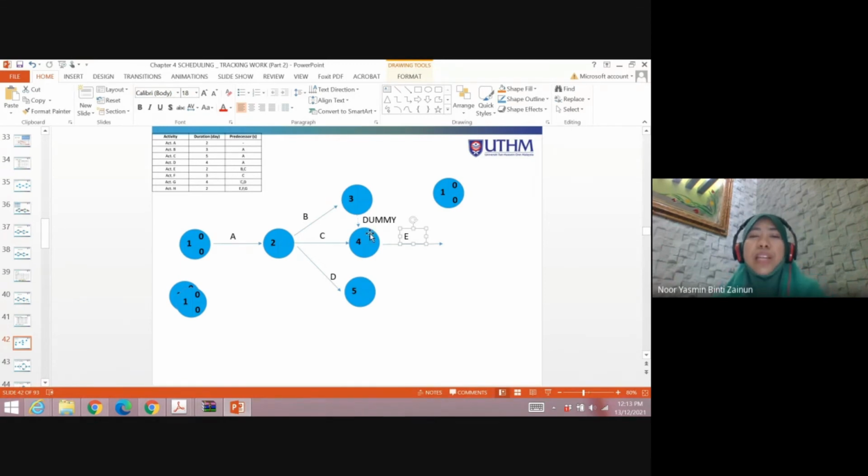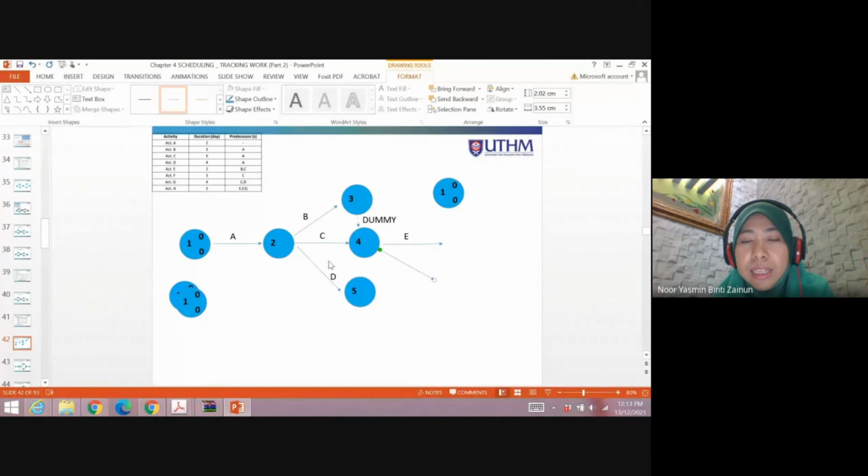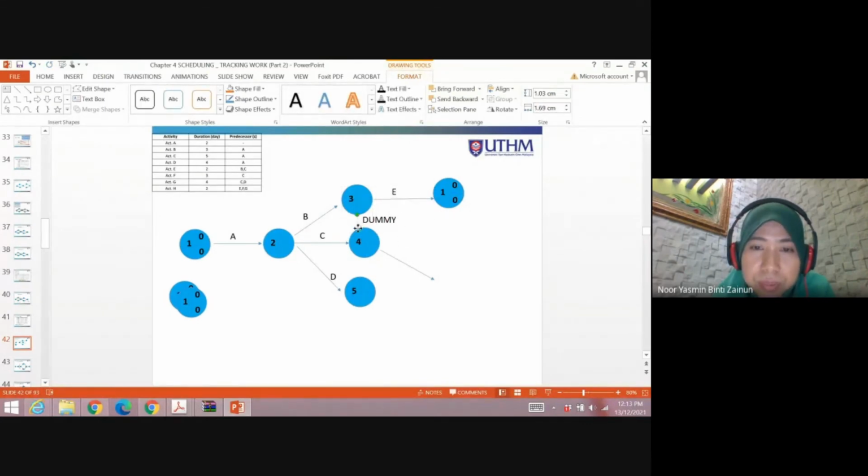You can rearrange this, because F only has one predecessor, which is C. If you put F here, it shows that B and C are predecessors for F also. So you need to rearrange. E is here and the arrow is from here to here.